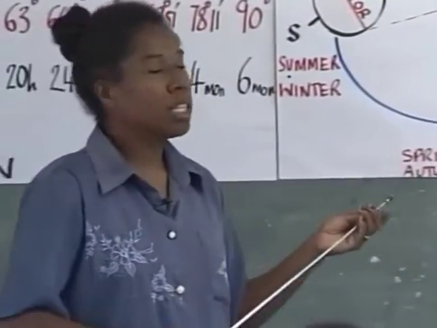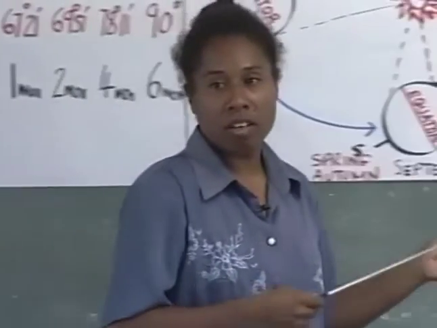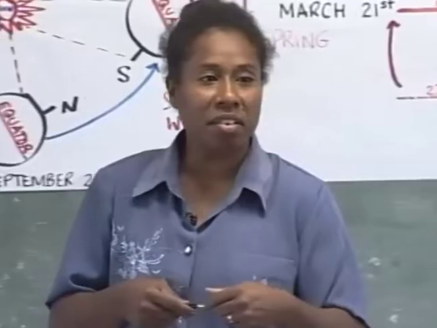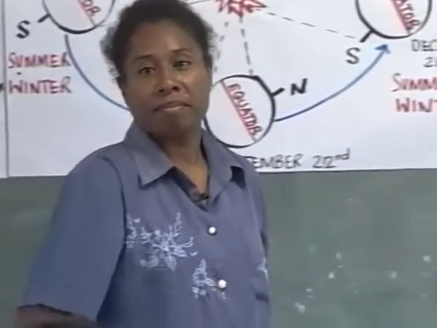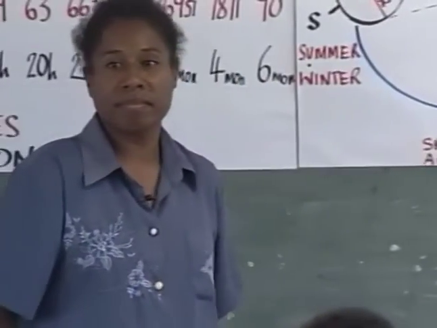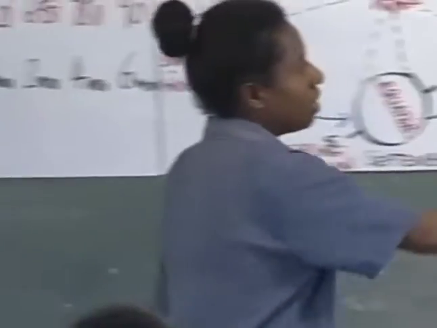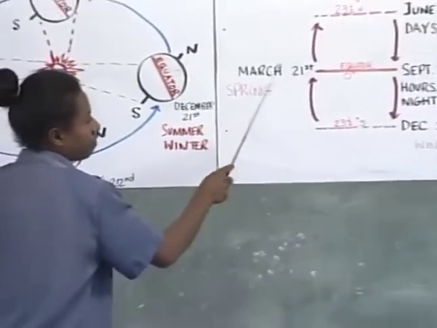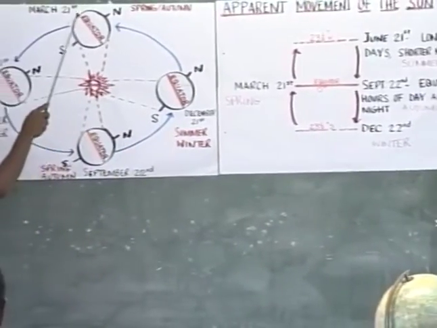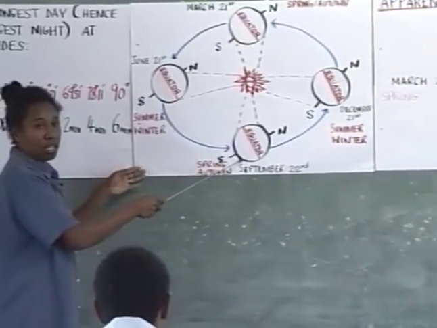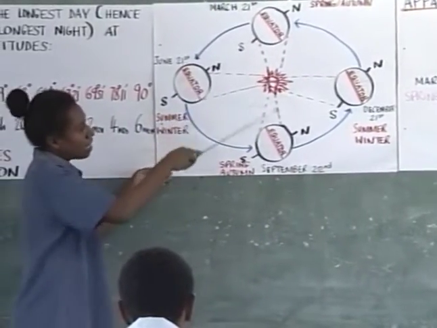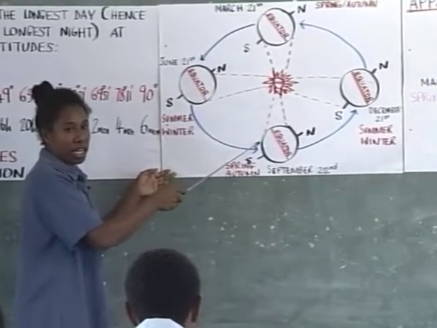Christopher, what are those 2 months of the year when the sun is directly above the equator? March and September. Okay, good. March and September as shown here. Those are the 2 times of the year that the sun is directly above the equator.